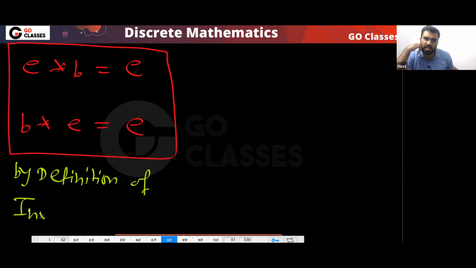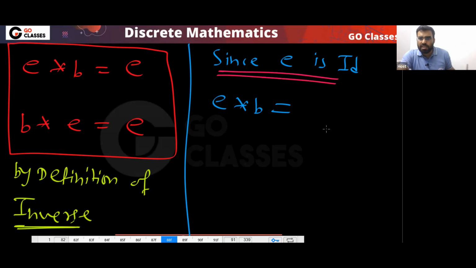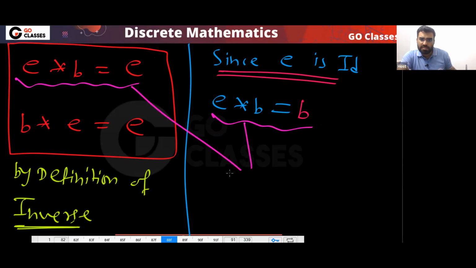Since E is the identity element, what should E star B be? That should be equal to B. But you are saying that E star B is equal to E. So from this and this, what can you say? You can say E is equal to B.